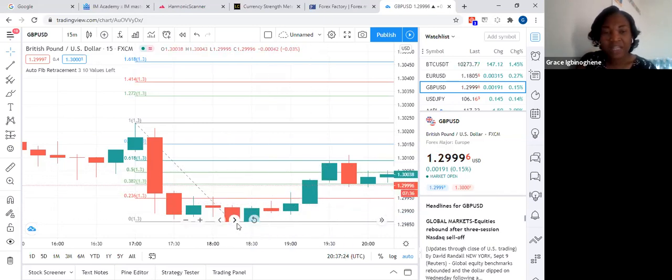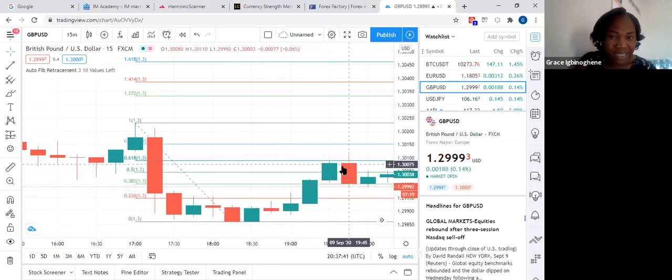And look at where it reversed again. It went up to this point of 0.618, and what happened again? It pulled back. The red candle that appeared is telling you that the sellers brought it down. And where did they bring it down to?